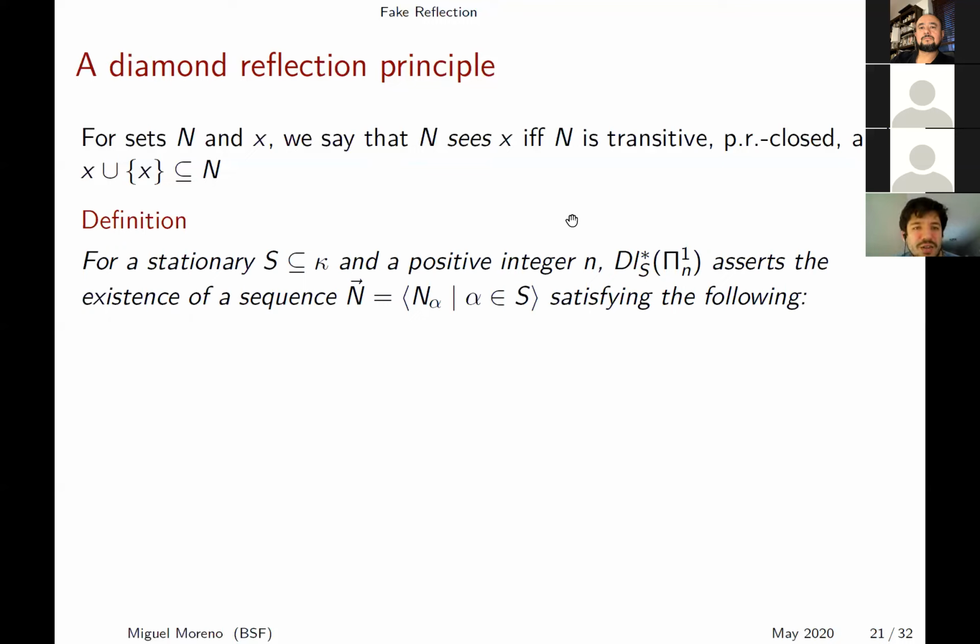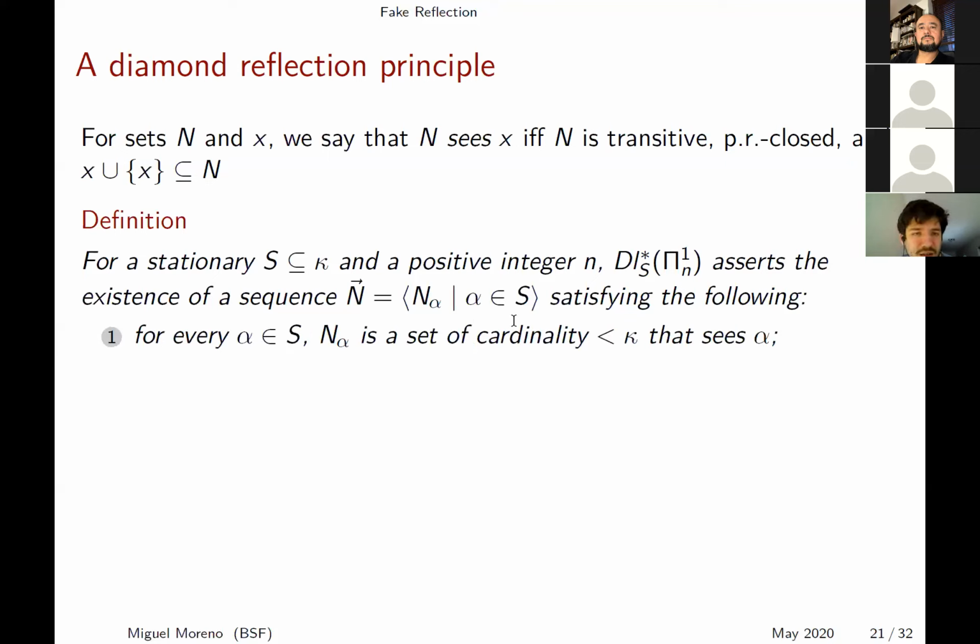So for a stationary set S and a positive integer n, we define diamond star sub S, n, the principle that asserts that there is a sequence N indexed by S satisfying first that for every alpha in S, N alpha has cardinality smaller than kappa and contains alpha.